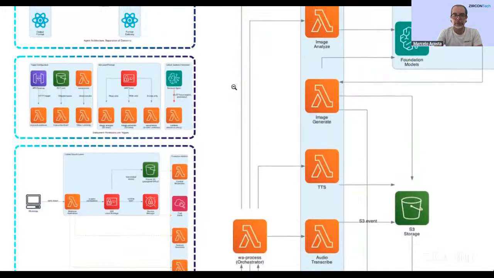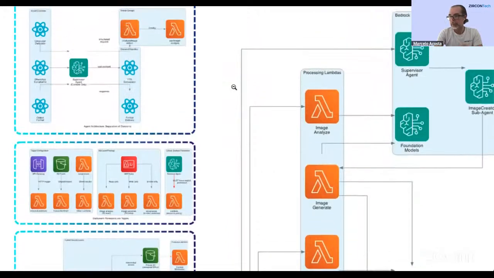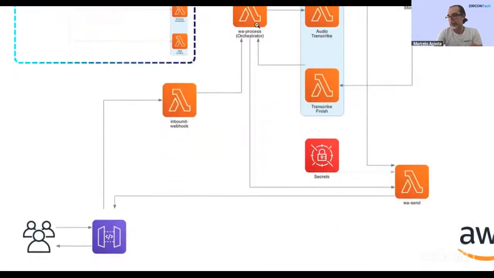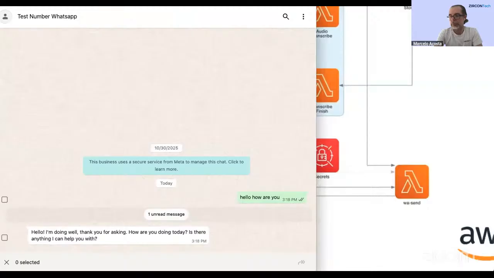Do I have to create some audio? Do I have to analyze anything? No, in this case, it's only text, so I can reply right away, calling from the Lambda function a model that is going to create a message and send it through this other function back to WhatsApp. So here's the response that I have. Okay, he's doing well, thank you for asking. Okay, what else can we do?